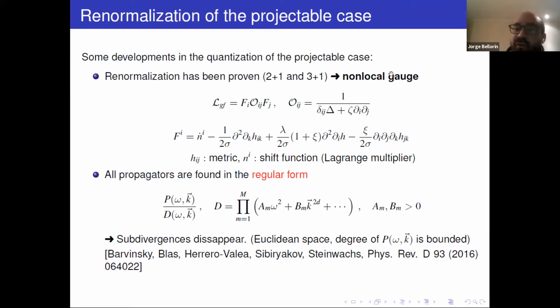What is not so standard in that case was the use of a non-local gauge, given by this expression. In particular, what is non-local is the Lagrangian, because the gauge-fixing term uses this non-local operator.